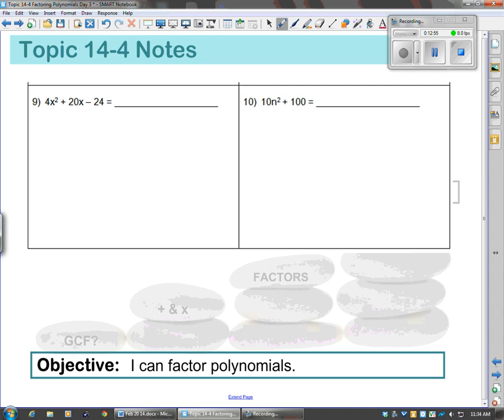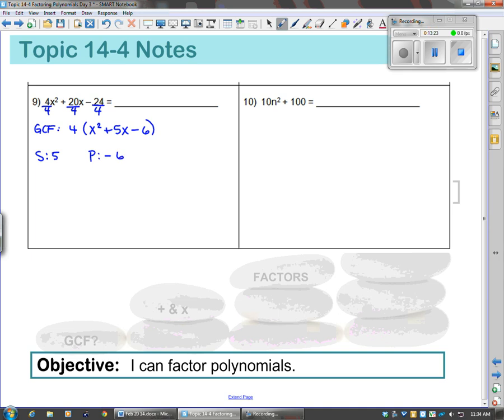Number 9, GCF, 4. When I divide 4 from everything, I'm left with x squared plus 5x minus 6. Sum is 5. Product is negative 6.